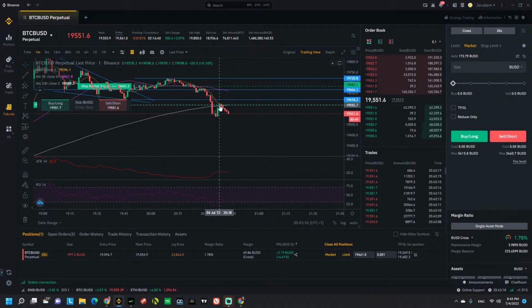Yeah, we can see only small red candles. What I want to see is big ones, then small green and big ones.